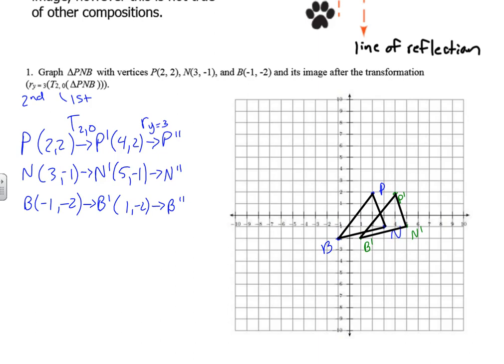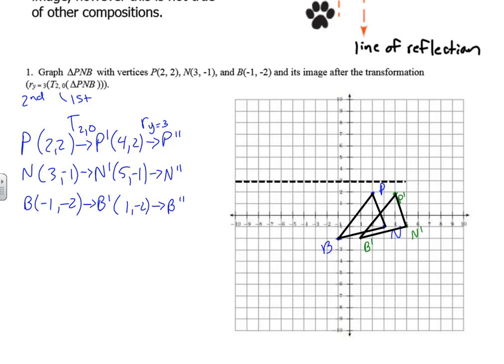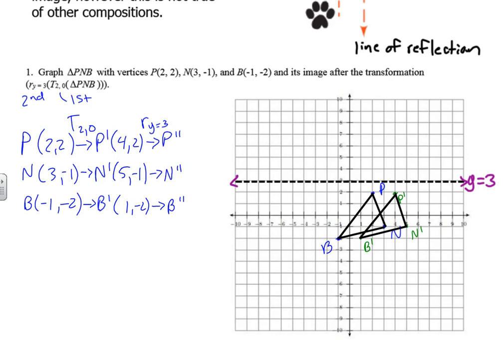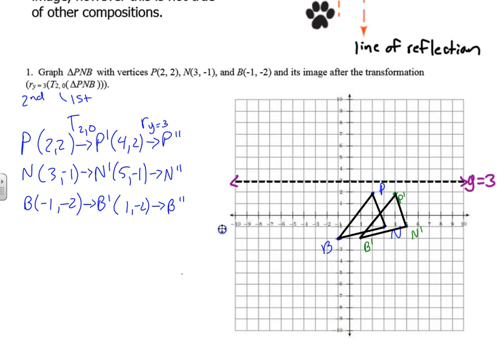With reflections in a line, I like to make it a dashed line. I remember that y equals 3 is a horizontal line. X equals is vertical, y equals is horizontal. I have to be careful because I want to go from P prime.